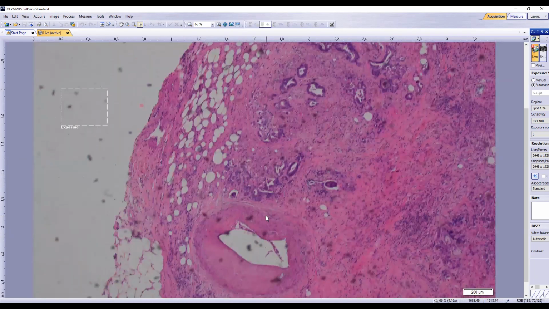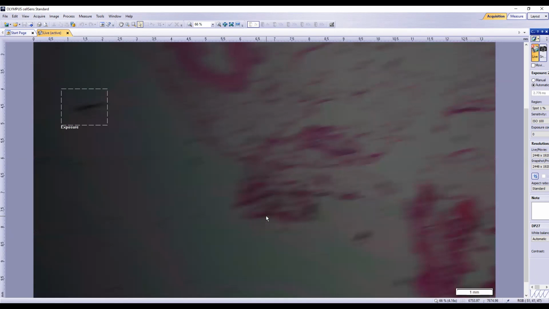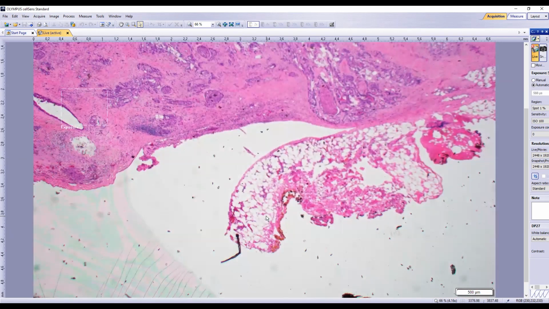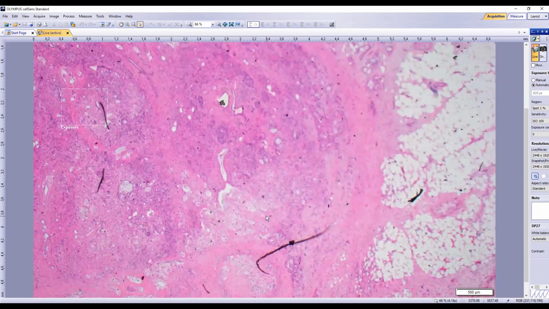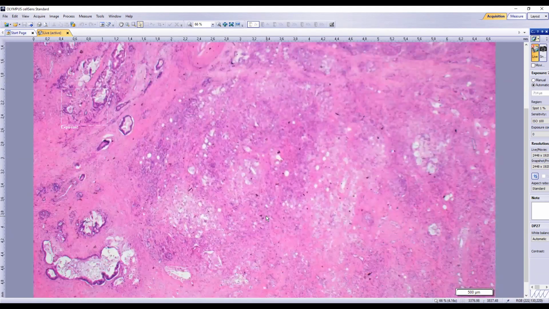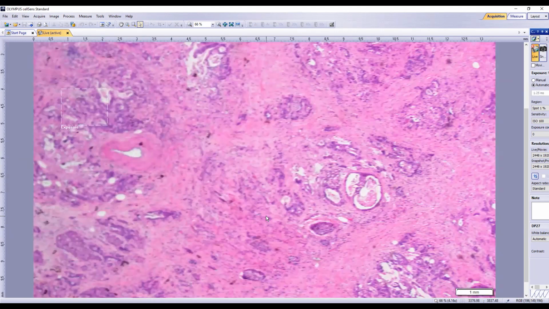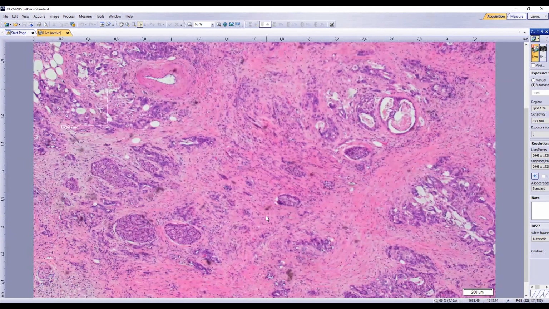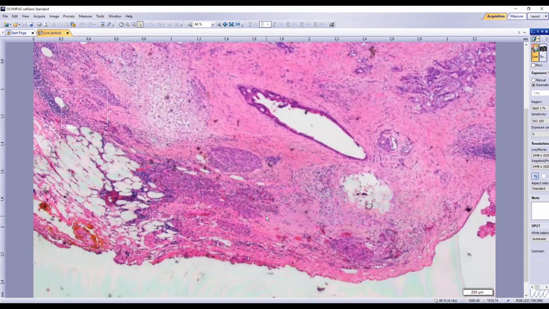I thought there was one other classic feature here. Of course, when I'm searching for it, I won't find it. The other feature that I'm looking for is intravascular invasion, meaning intravascular growth.